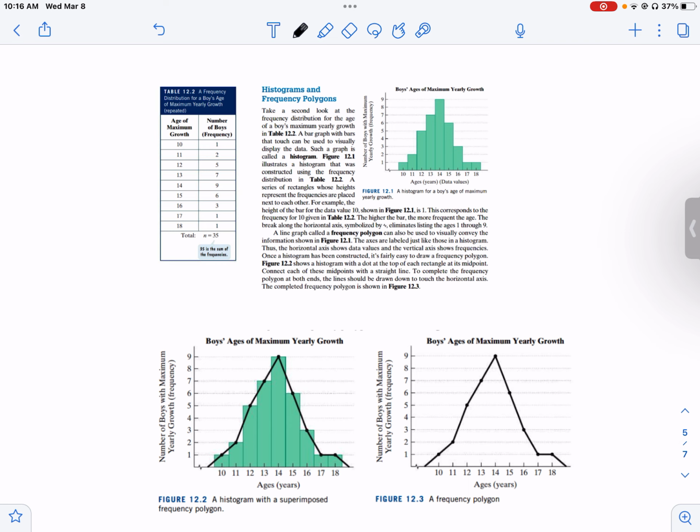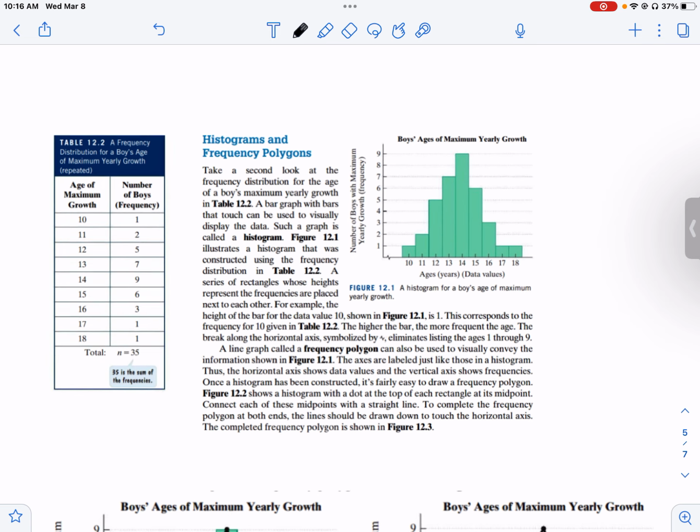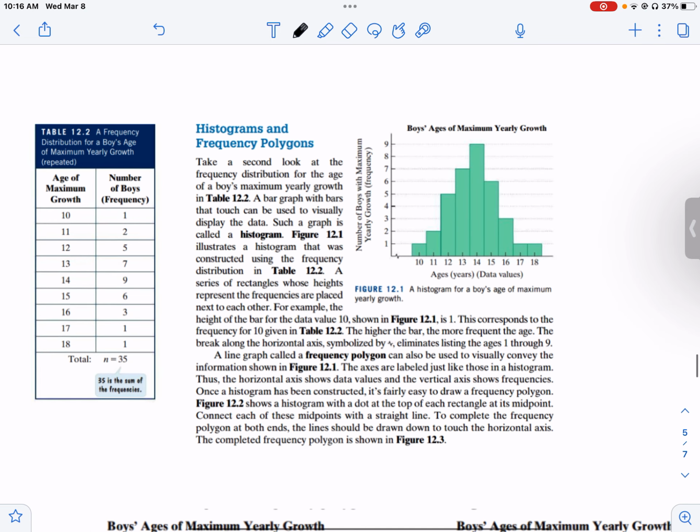Okay, let's make these a little bigger. A histogram is just a bar graph where you list counts. If you look at the height of the bar, it tells you how many things were in that group. So if you look at 10, it goes up to 1.